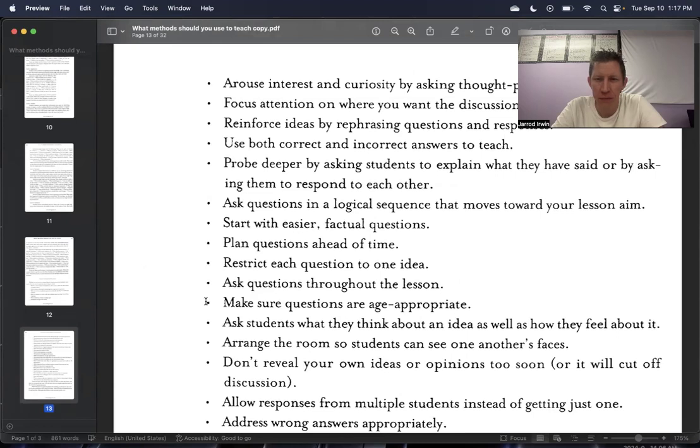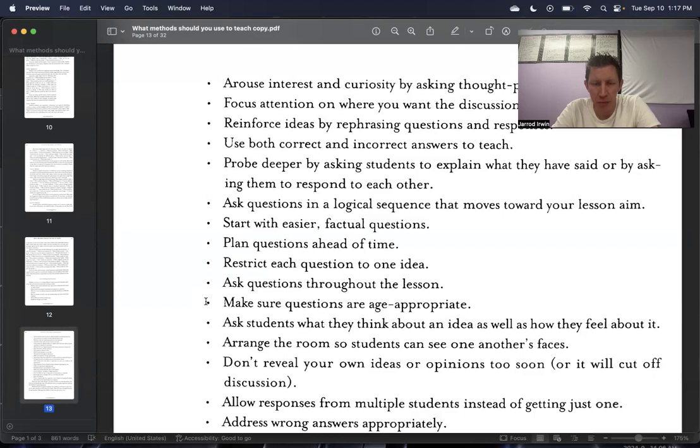Let's see, where'd we leave off? Ask questions in a logical sequence that moves toward your lesson aim. So planning out, or even just as you go, discerning what questions will get you closer to that target. Start with easier factual questions.